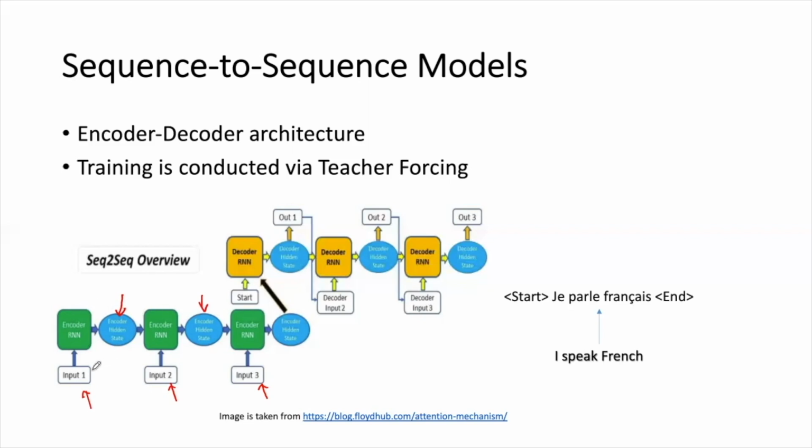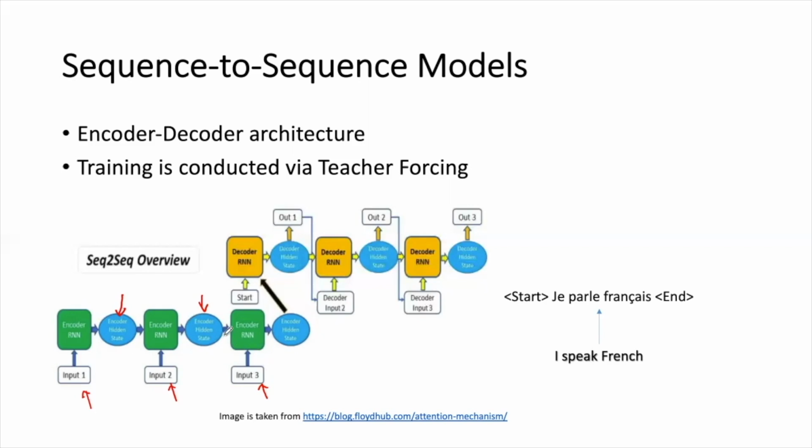In general, any encoder hidden state captures the content of the words that have occurred previously. That's the intuition behind the encoder hidden state. It basically provides the entire context of all the words that have occurred previously.